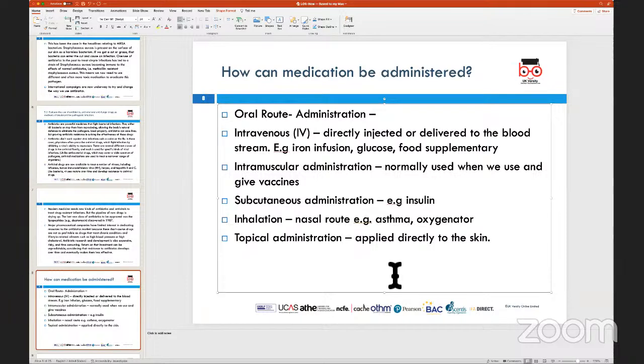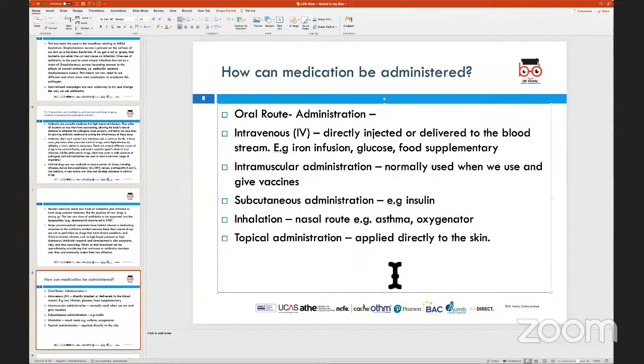They could be creams, ointments, or patches. For example, I'm having a back pain, so I bought a deep heat patch, which I put on my back, and that releases medication straight away to that affected area only, thereby alleviating the pain that I'm having in the back.